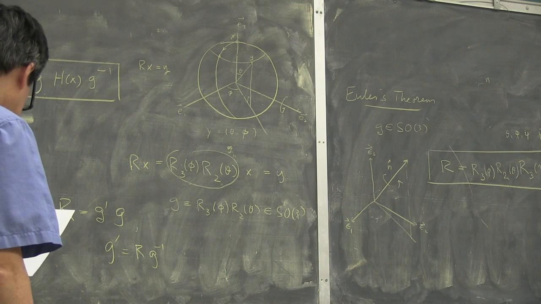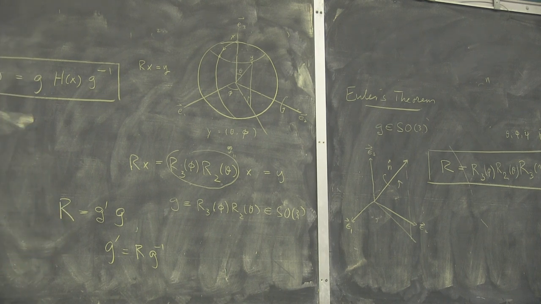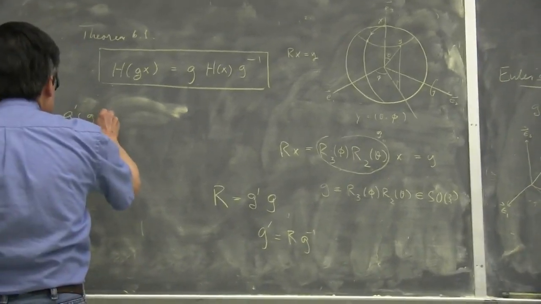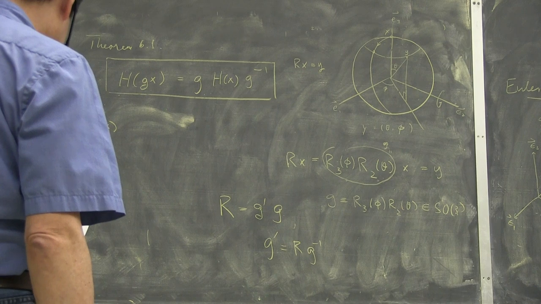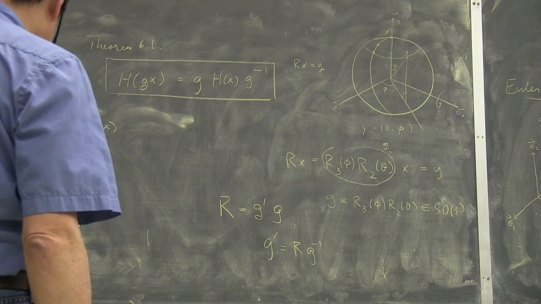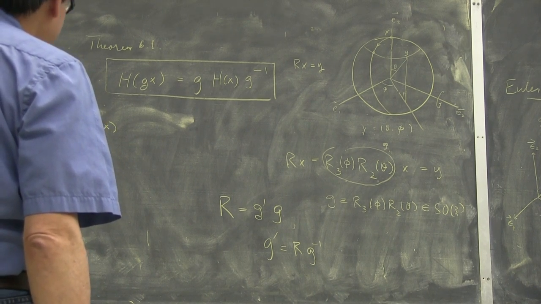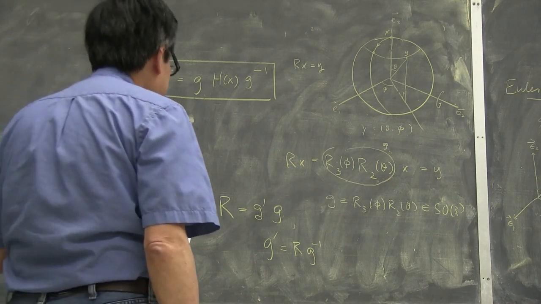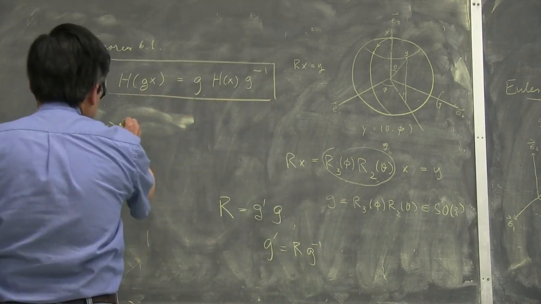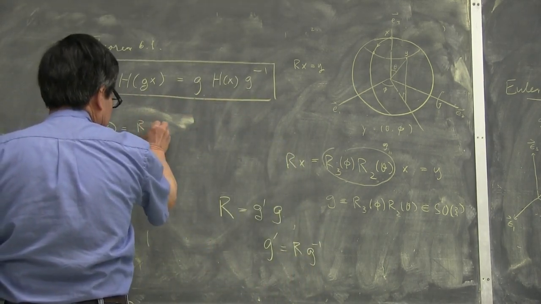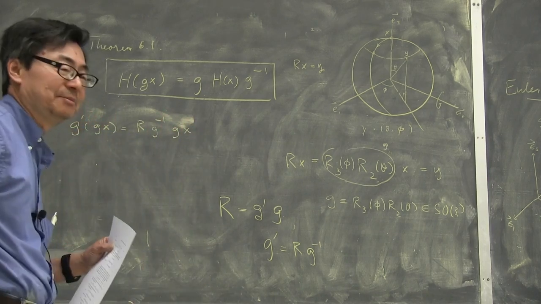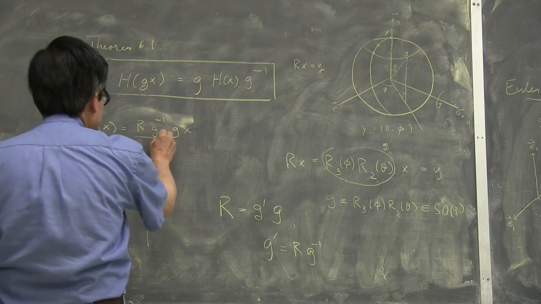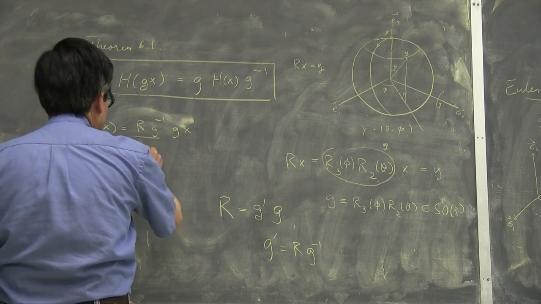Then G prime acting on Gx must be equal to R G inverse acting on Gx, because G prime is defined to be that. That must be equal to Rx.